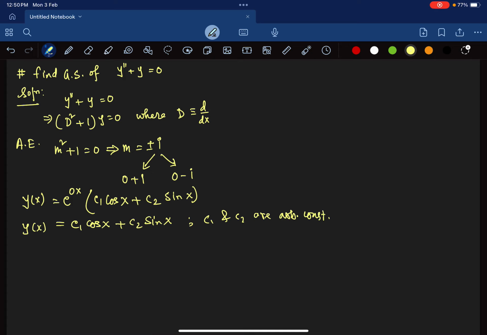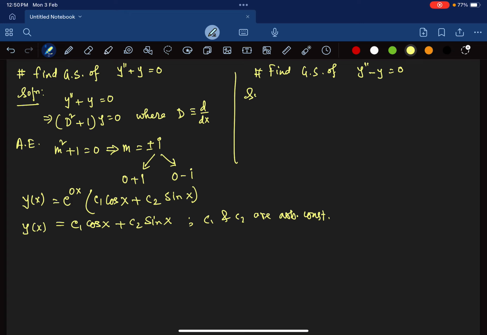Okay, simple question. A similar type of another question you can take. Find the general solution of y double dash minus y equals 0.